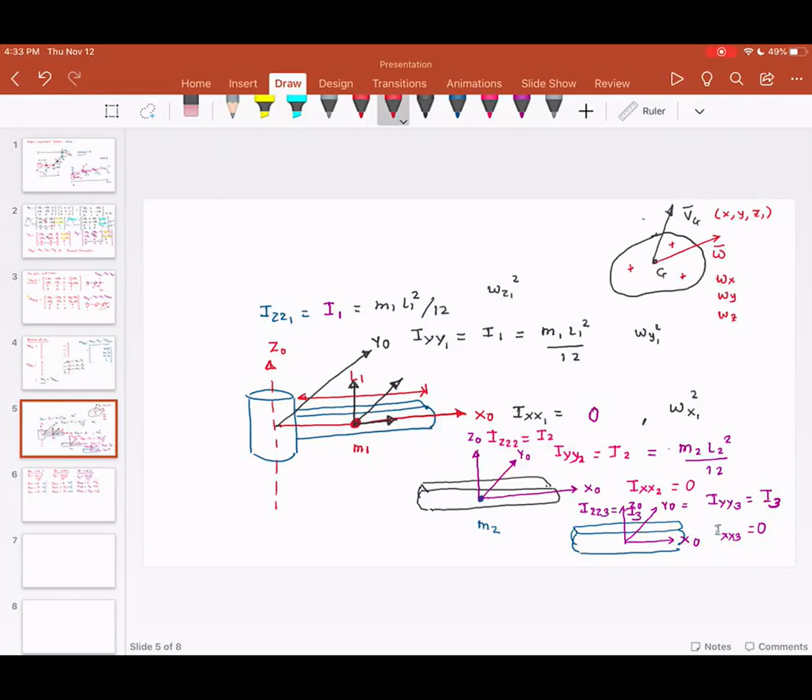For example, if you look at this point A, its translational velocity is not going to be Vg, but it is going to be Va. And this Va would be different than Vg. However, the rotational velocity at G and at A will be one and the same. This is an important point that you should always keep in mind.